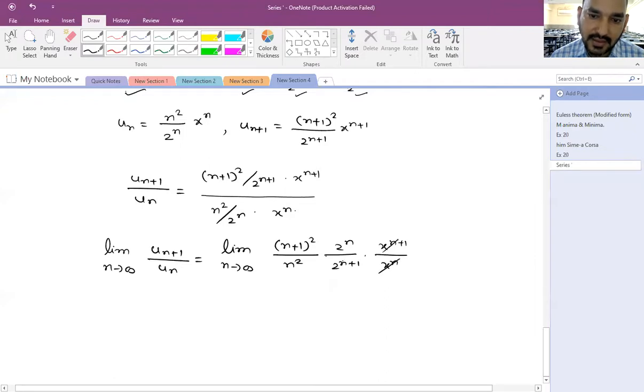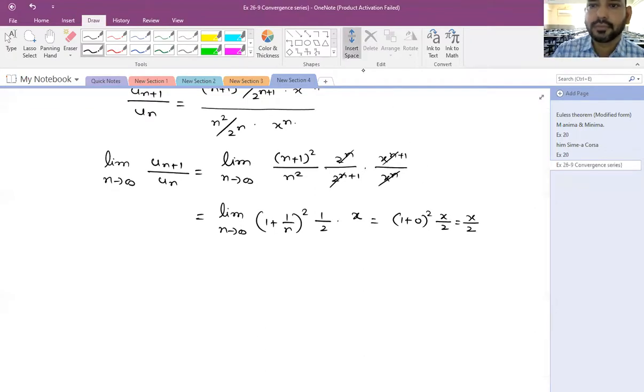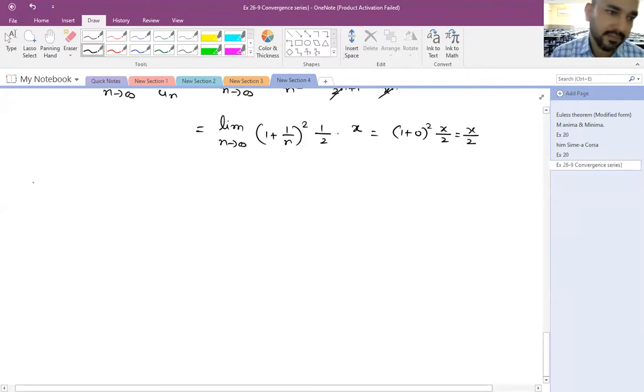Limit n tending to infinite un plus 1 upon un. This and this is cancelled, this and this is cancelled. So this is limit n tending to infinite 1 plus 1 by n whole square into 1 by 2 x. Now if I substitute, it is 1 plus 0, x by 2 is x by 2. Clear? Now if x by 2 is less than 1 implies that x is less than 2.